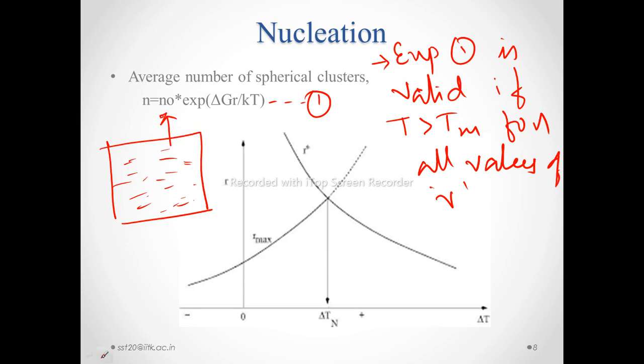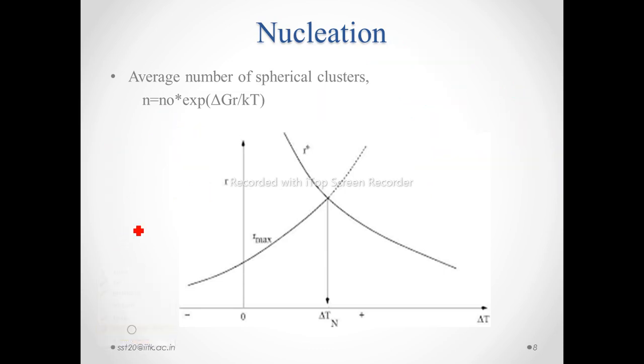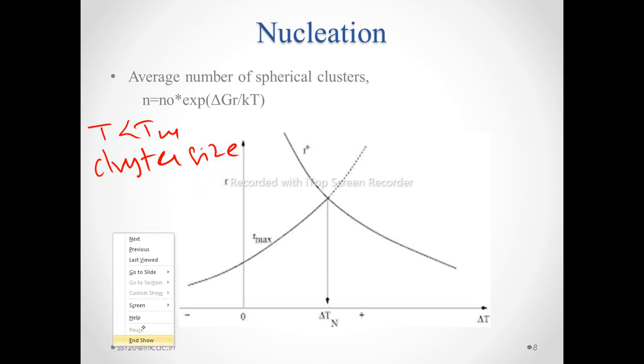If we consider temperature below Tm, the cluster size... I will take a new screen itself. This is n equal to n naught exponential of delta G R divided by kT.